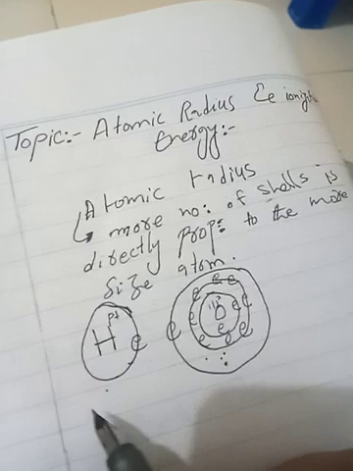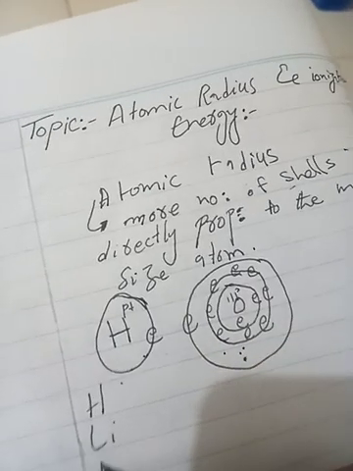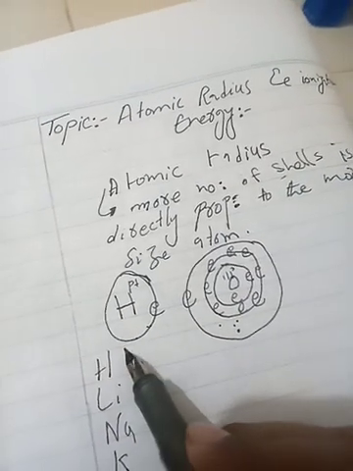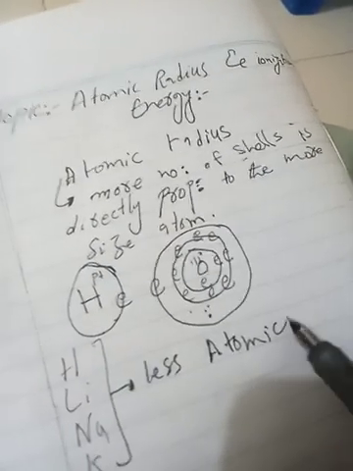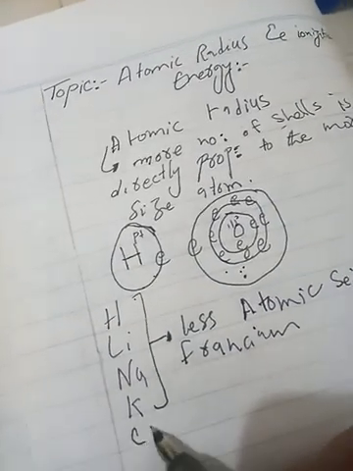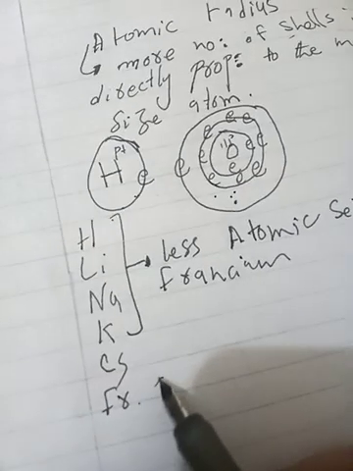And if you look at the periodic table, the first group is hydrogen, lithium, sodium, potassium, and so on. These are the atoms which have the smaller atomic size, and the smallest atomic size is that of francium, which is also in this group, in the last place after cesium.